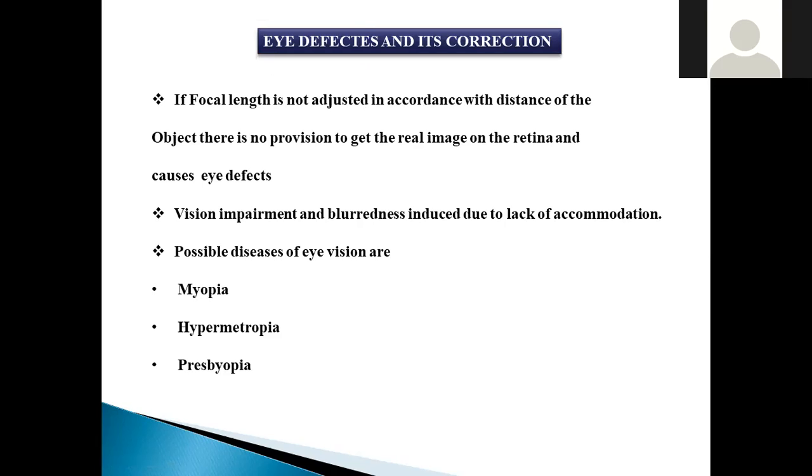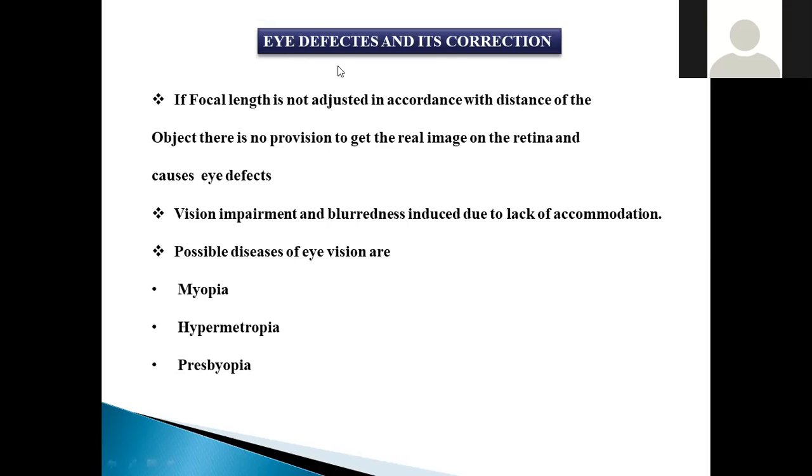The eye is the optical visionary organ which is used to capture all the objects present in our surroundings. Those objects which fall in the visible region can be clearly visualized by the human eye.